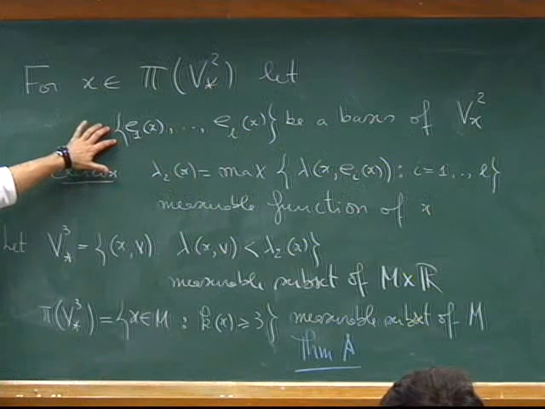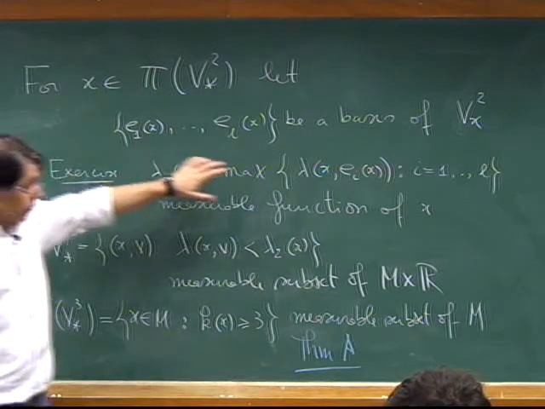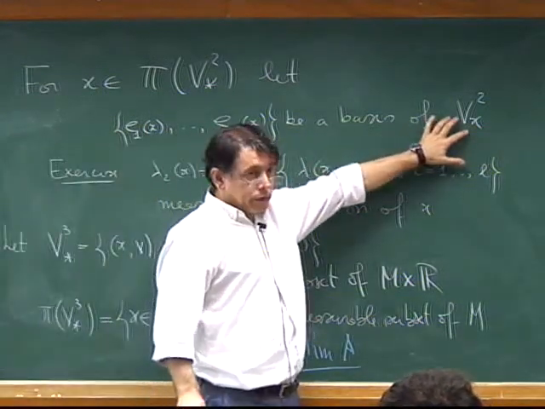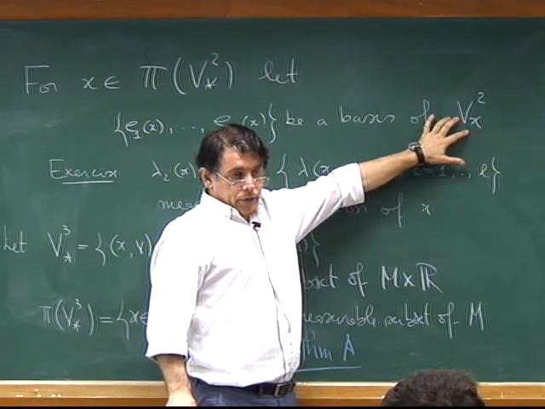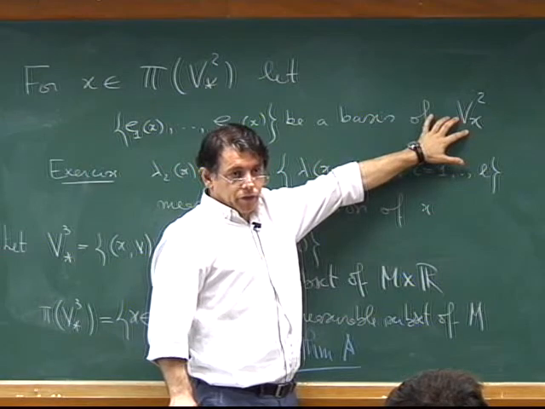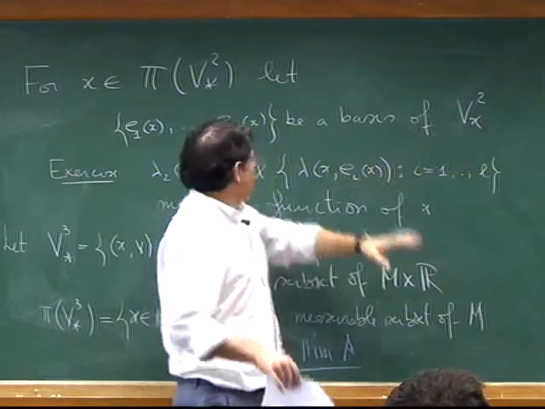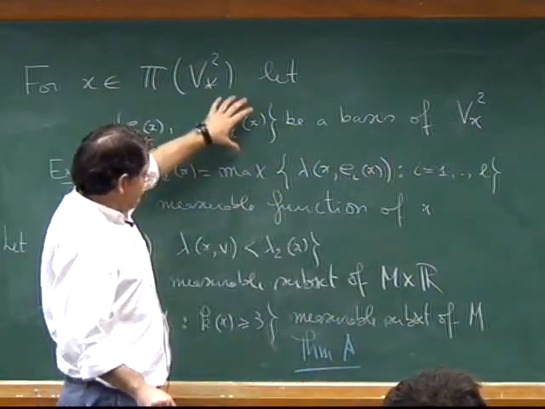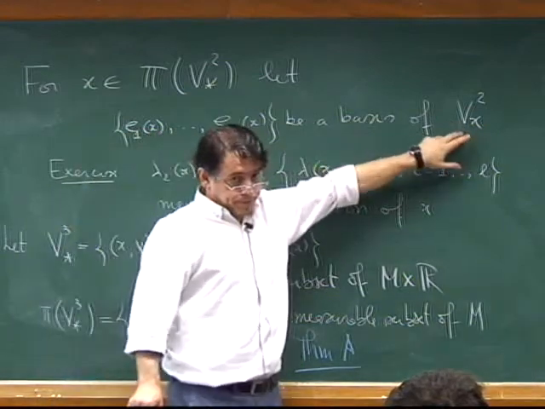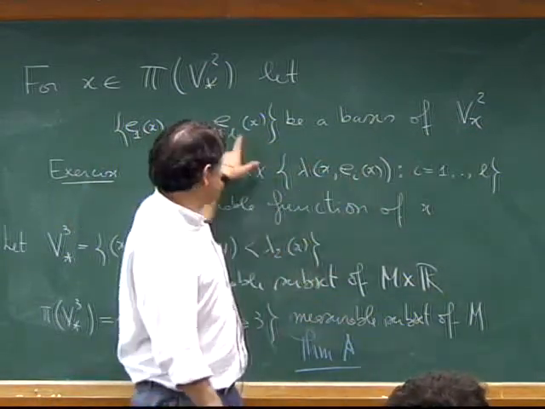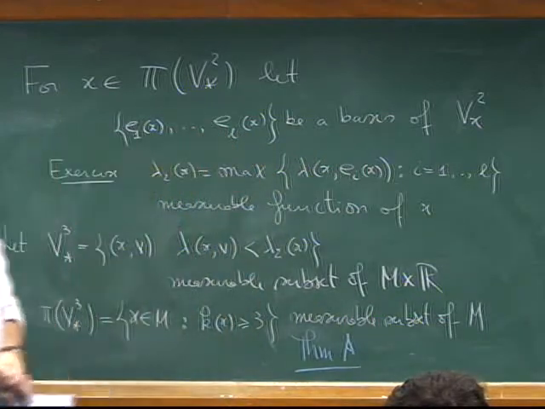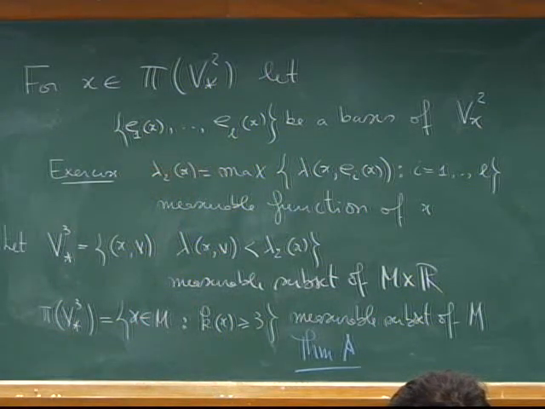Now, I cheated a little bit here because the dimension of this subspace may depend on x. So what we have to do is, first of all, to decompose my domain into subsets according to the dimension. And then on each one of these subsets, I choose a basis with a given dimension. The choice is irrelevant.